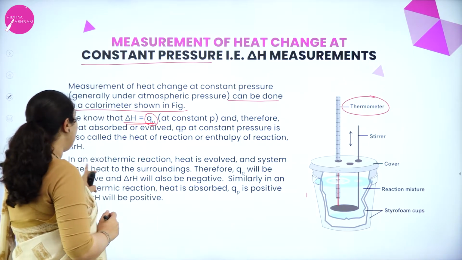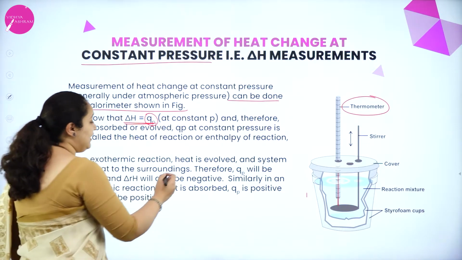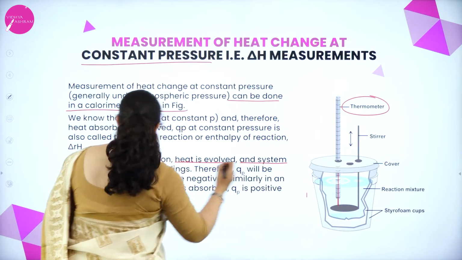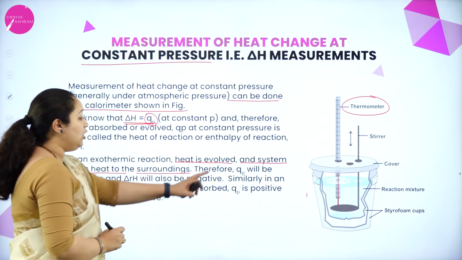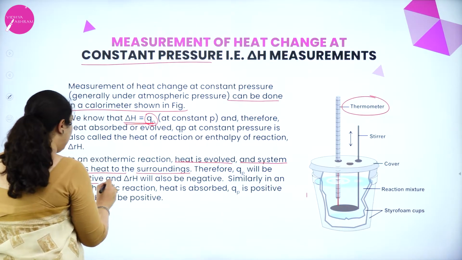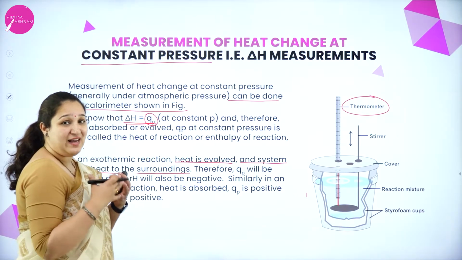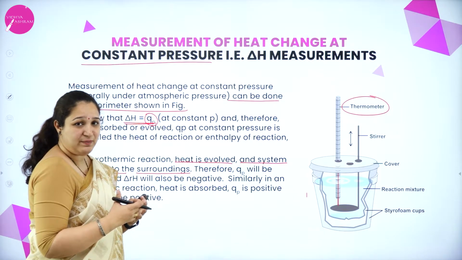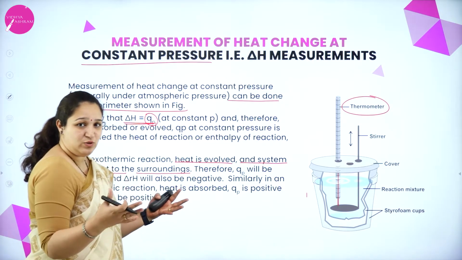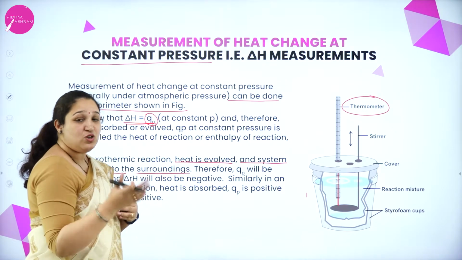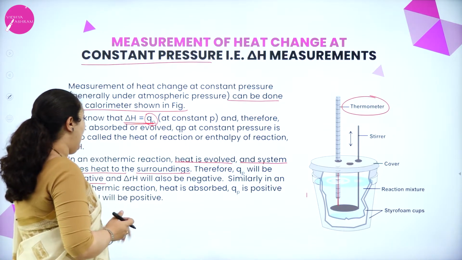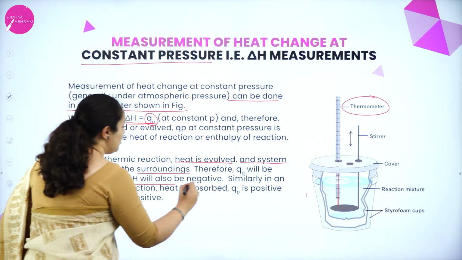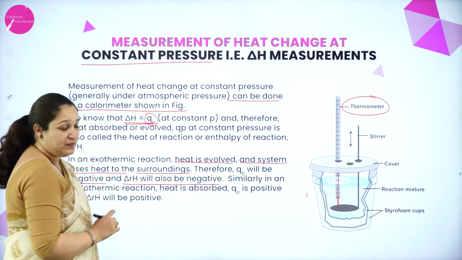So here, in an exothermic reaction, heat is evolved and the system loses heat to the surroundings. The heat will be liberated to the surroundings from the system. So QP will be negative and delta H will also be negative.